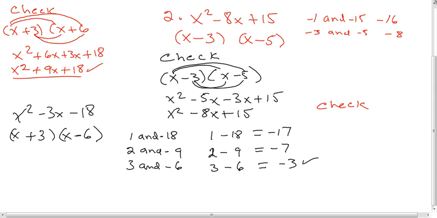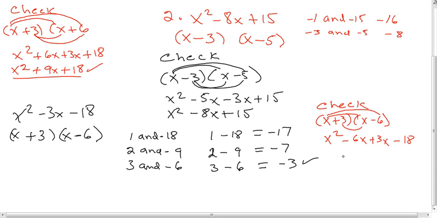And checking, we're going to have x plus 3 times x minus 6, and x times x will give us x to the second power, and x times a negative 6 will give us minus 6x. 3 times x will give us plus 3x, and of course a positive times a negative will give us a negative, and 3 times 6 will give us 18.